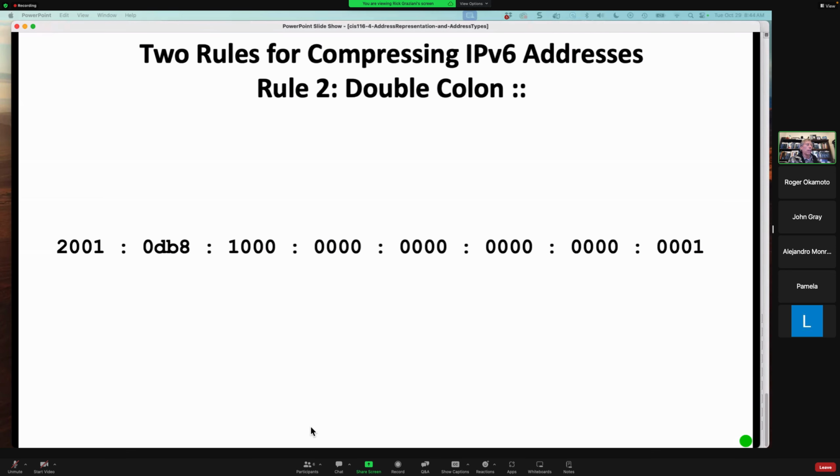The second rule is the double colon rule. The first rule is we can omit just the leading zeros, and not trailing zeros. Now, I could apply the first rule to these all-zero hex tags, but I have a better rule for that.